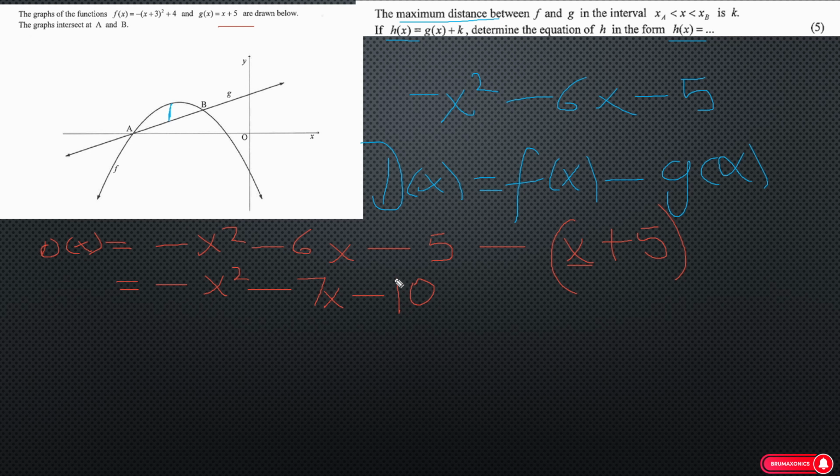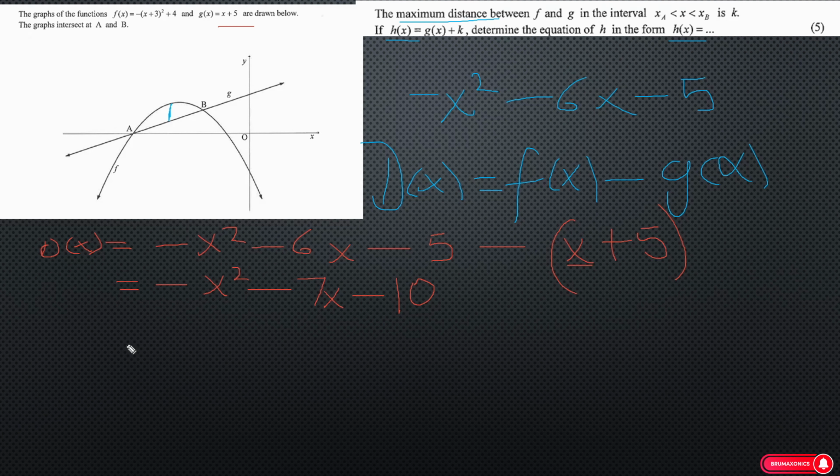it means that we can determine our equation. So when we talk about max or the distance, we are talking about the first derivative of this equation.